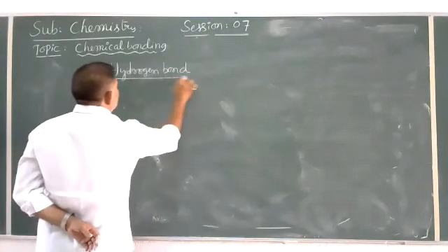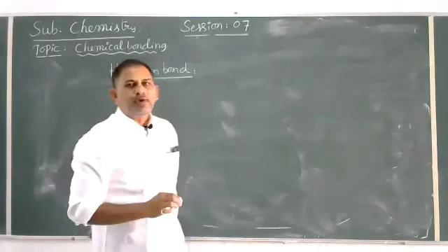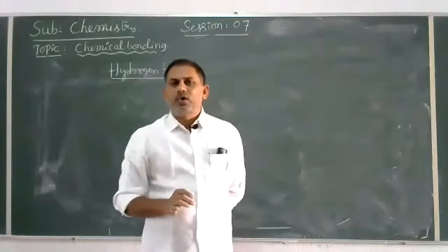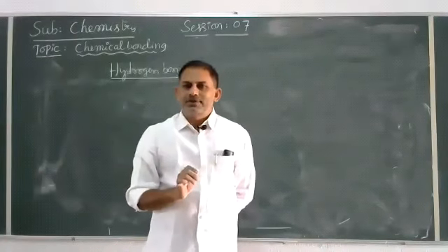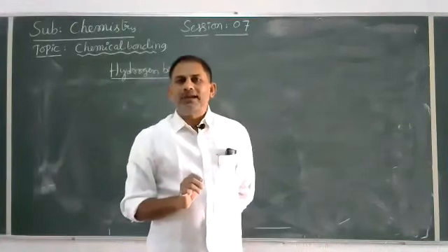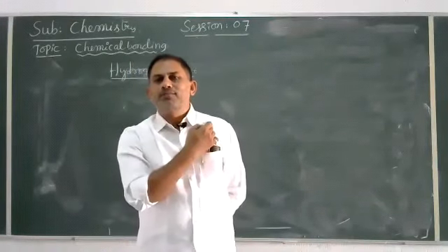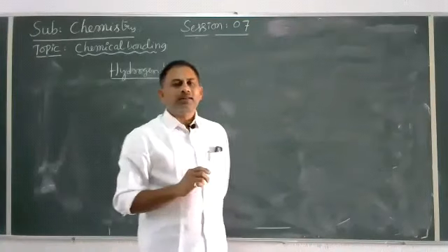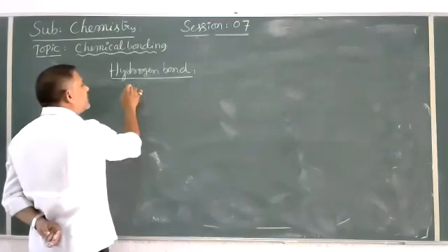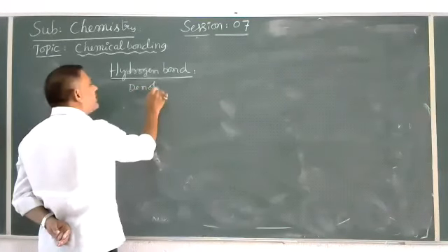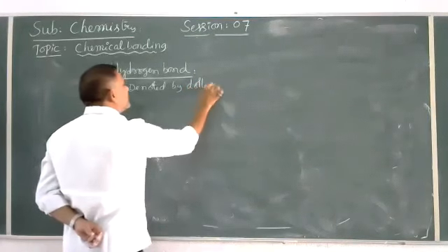Hydrogen bond. Here, after ionic bond, covalent bond, coordinate covalent bond. In covalent bond, different examples were given to you, polar and non-polar covalent bonds. Here one more important type is the hydrogen bond. Generally, the hydrogen bond is denoted by dotted lines.